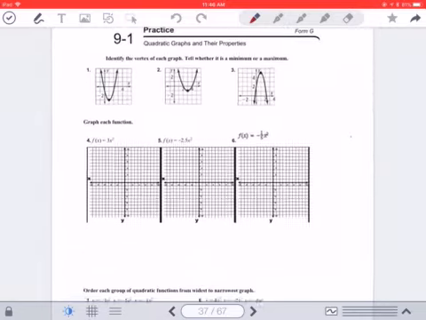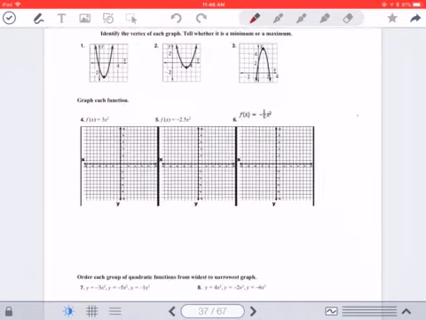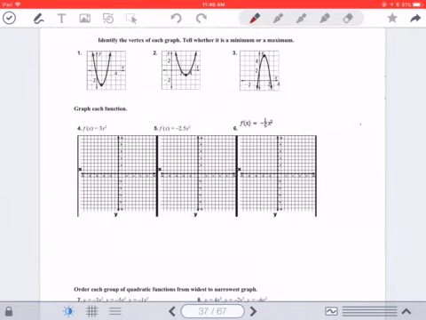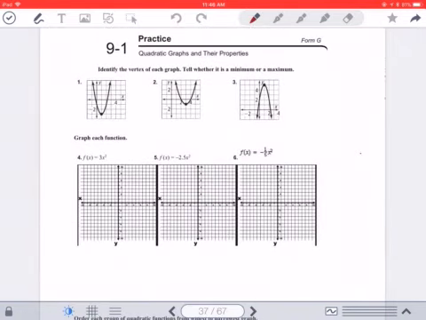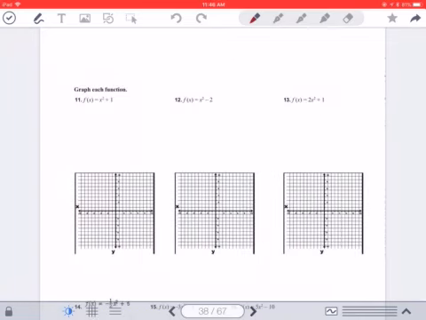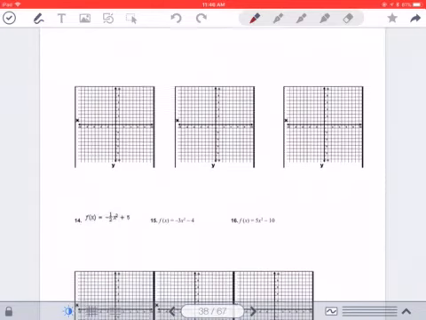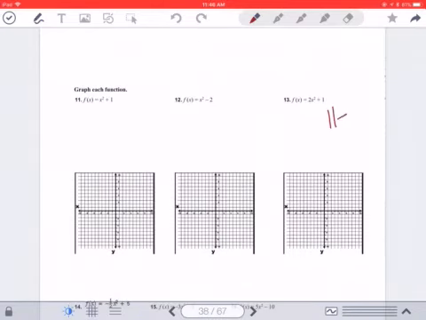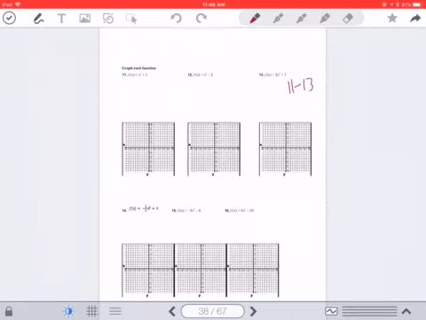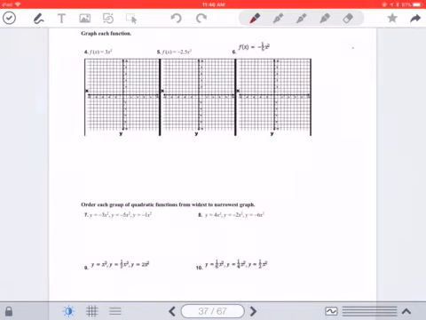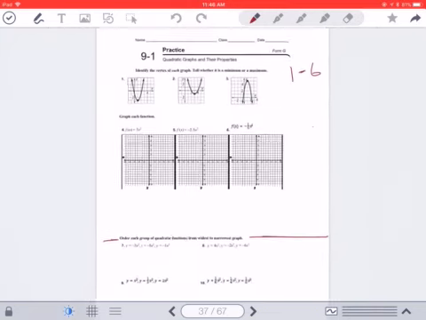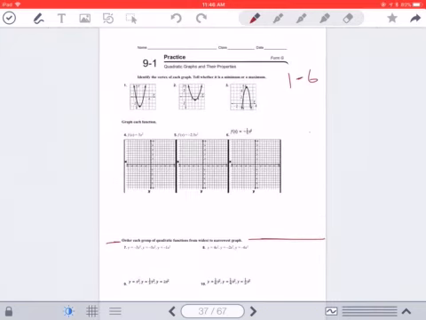Okay, so what we're going to do here is we are going to do 1 through 6. And we are going to do 11 through 13. Okay, so your homework is 1 through 6, 11 through 13. These things we're going to talk about on day 2, so we don't need to do 7, 8, 9, or 10.